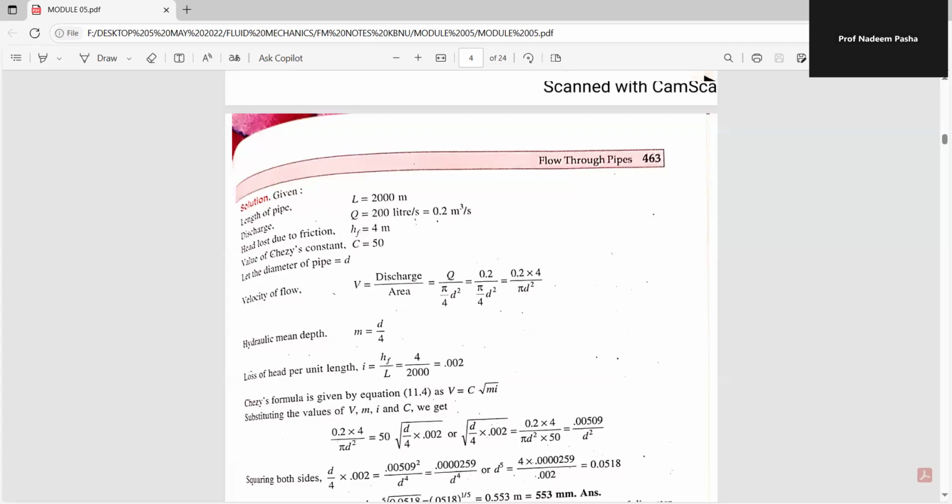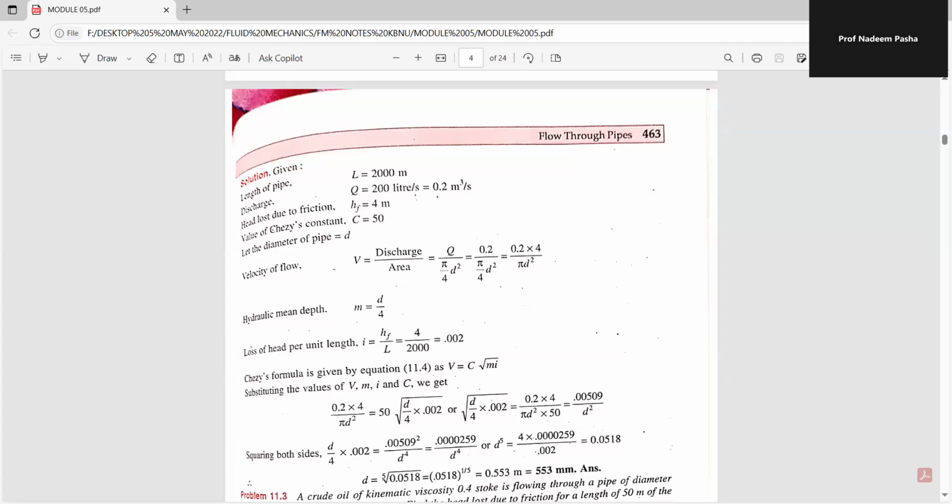So if you do the calculation, d raised to 5 comes out to be 0.0518. If you do d equal to fifth root of 0.0518, it comes out to be 0.553 meter or 553 mm. So this requires your calculation part.